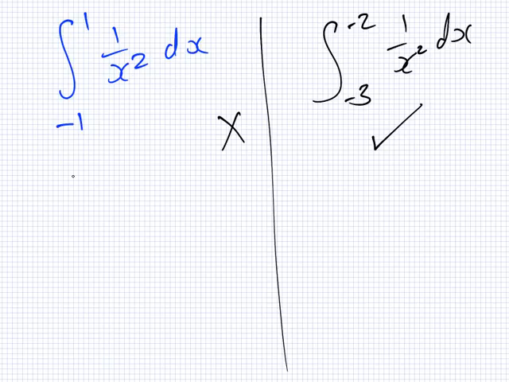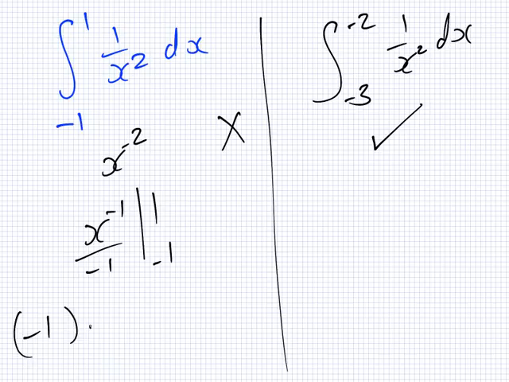Watch, when I integrate x minus 2, what do I get? X minus 1 over minus 1. Yes? If I put 1 in, I get minus 1, and then if I put minus 1 in, I get minus 1 minus 1, is minus 2, isn't it?